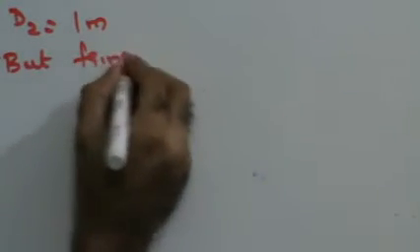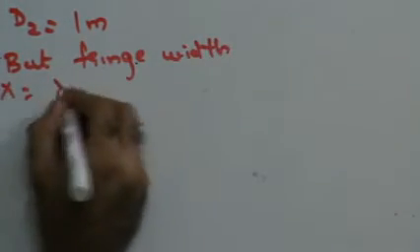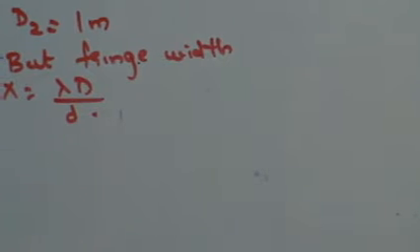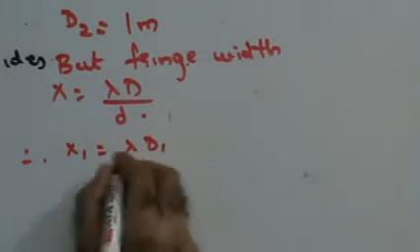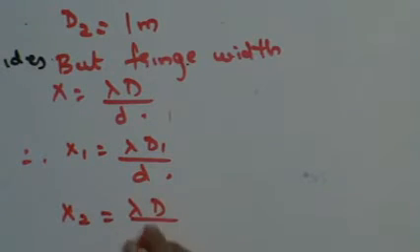Right? Now we know that fringe width x is nothing but lambda D by d. Therefore I can say that x1 is lambda D1 by d, because they haven't said that neither is the wavelength of light changing nor the distance between the slit is changing. Similarly, I can say x2 is equal to lambda D2 by d.